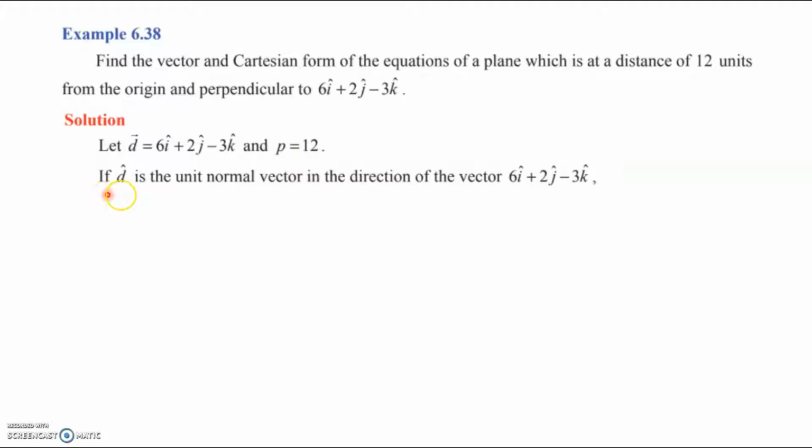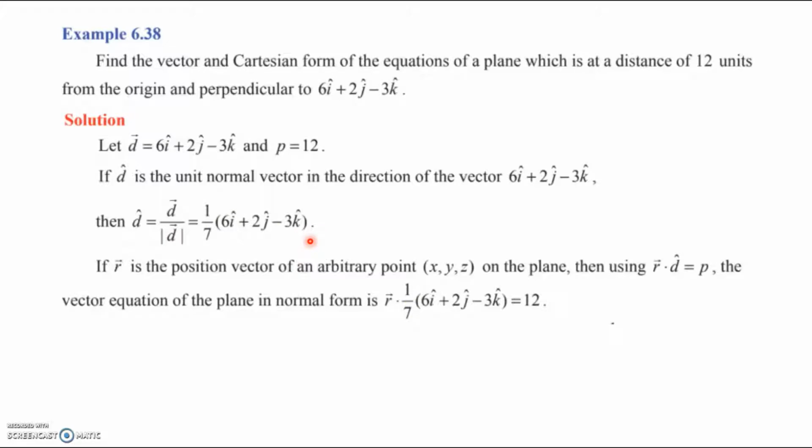Therefore, if d cap is the unit normal vector in the direction of the vector 6i cap plus 2j cap minus 3k cap, then we can define d cap as d vector divided by the magnitude of vector d. So, solving, our magnitude of vector d is the square root of 6 squared plus 2 squared plus 3 squared, which would be 7, times the vector d.